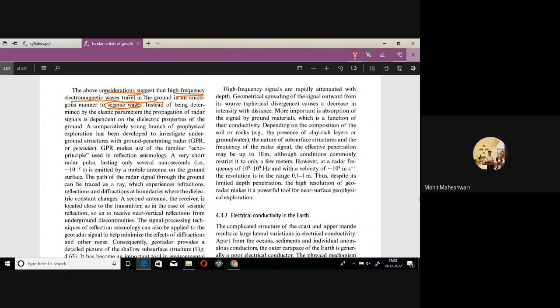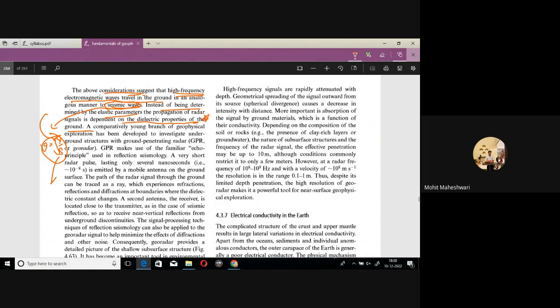In the seismic wave, the velocity is determined by the elasticity parameter, given by the square root of Young's modulus upon density, so it depends on two parameters, the elastic parameter and the density. But in the case of an electromagnetic wave, the propagation does not depend on the elastic parameter, but on the dielectric property of the ground. This is a very, very important concept.